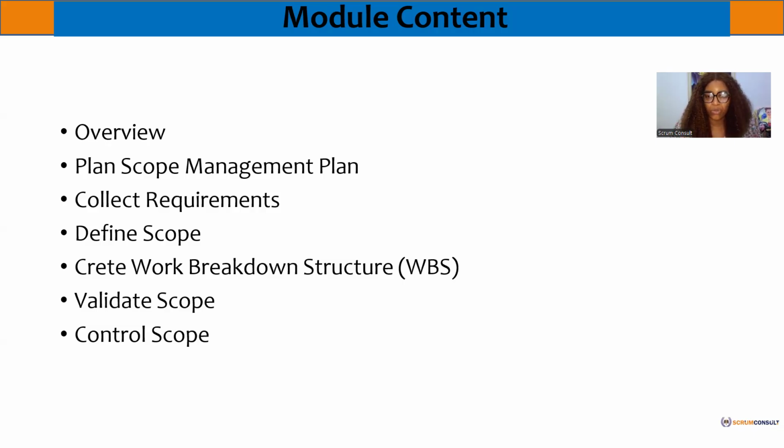How are you going to collect requirements? How are you going to define that scope? How are you going to select those requirements? How are you going to create your work breakdown structure? How are you going to verify the work breakdown structure? How are you going to validate that scope? How are you going to control the scope?